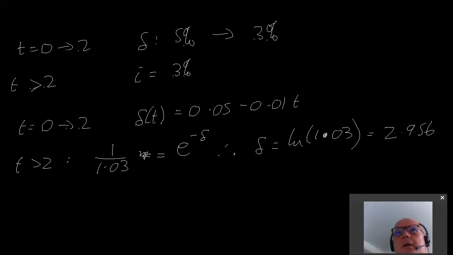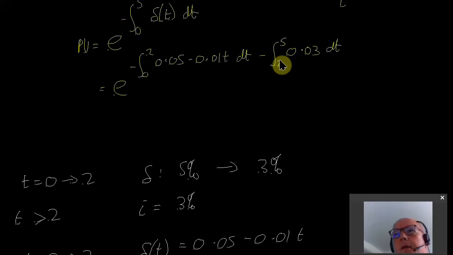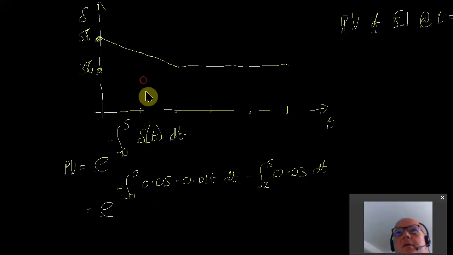Which means I'm just going to do the same calculation as above, but I'm going to have 0.02956 in there.